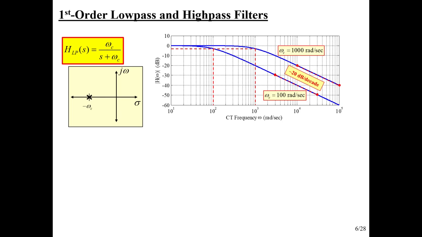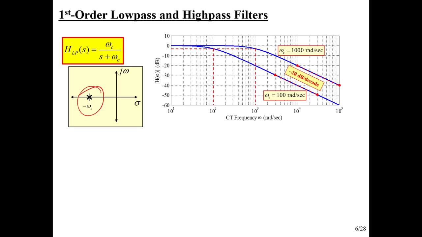So let's look at poles and zeros. The numerator is just a constant, so there are no zeros, or explicit zeros anyway. And then the poles, there's just one, and omega sub c has to be a real number, and should be positive to put the pole over here at negative omega c.